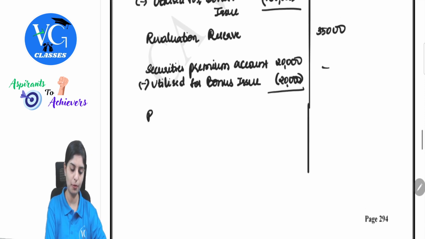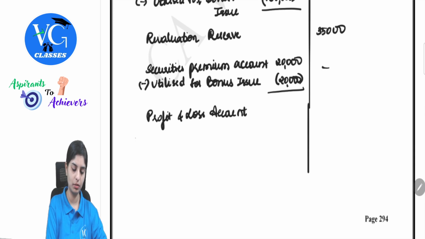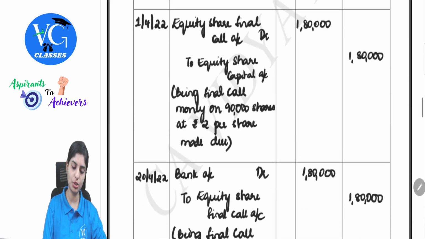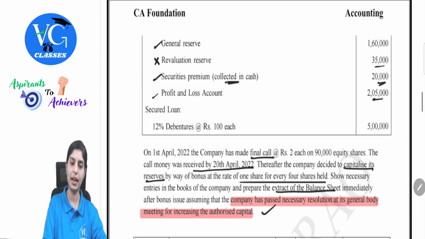Then we have profit and loss account, minus utilized for bonus issue. So profit and loss account is how much? Balance is 2,05,000.